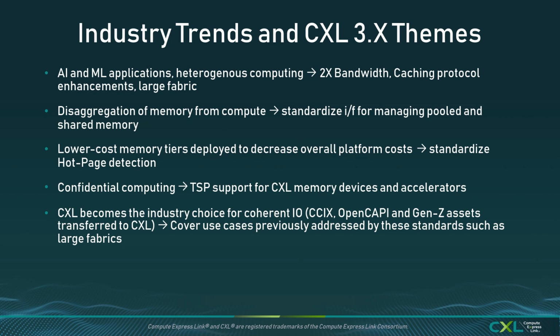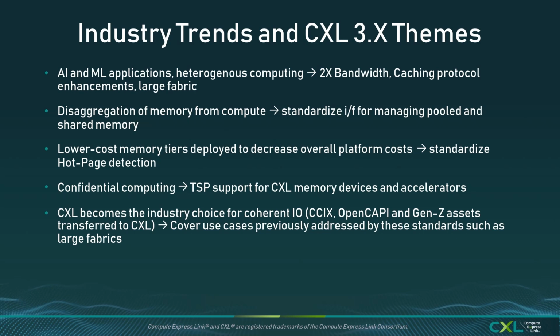The second trend we saw was a number of attempts, and actually even proofs of concept and some successes, in disaggregating memory from the compute. There was just a lot of push for reducing the cost of standard memory in large data centers, where sometimes memory is over-provisioned.